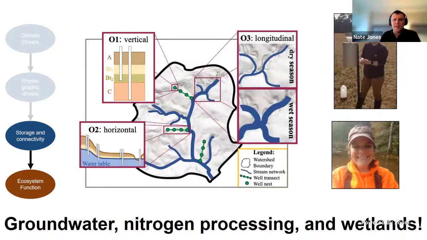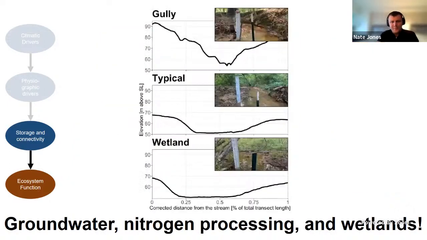Looking at some initial results, my PhD student Delaney Peterson and a postdoc at Alabama, Corian Tattery, are looking at how the vertical, horizontal, and longitudinal variation in hydrologic connectivity are impacting nitrogen processing at the Tanglewood Biological Station. One of the things that's been really interesting is that stream channel incision is quite important.